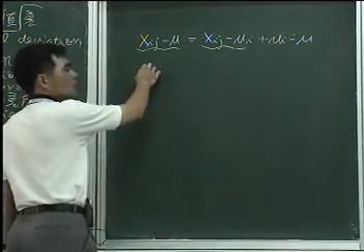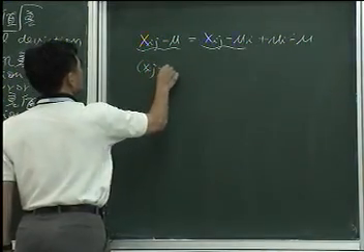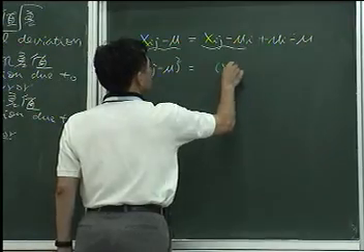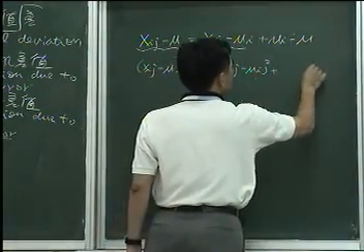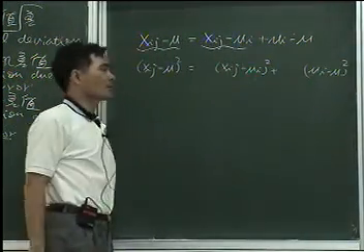So we square them. So (Xij minus mu) squared, and then (Xij minus mu_i) squared, and plus (mu_i minus mu) squared.